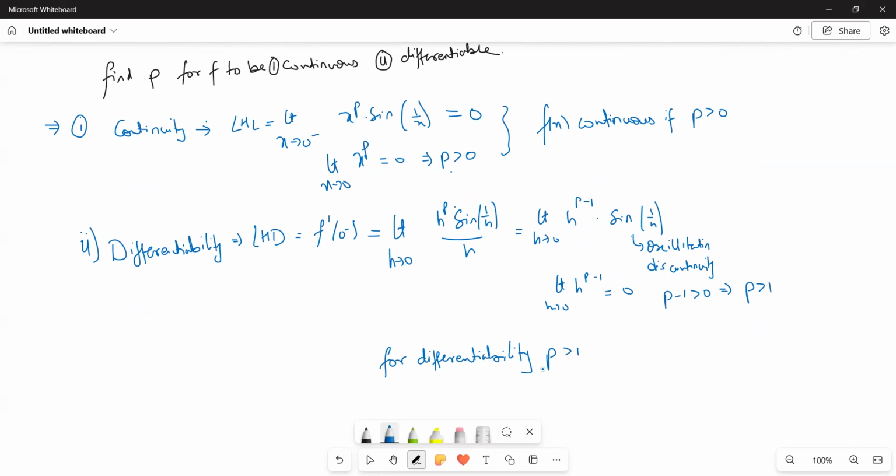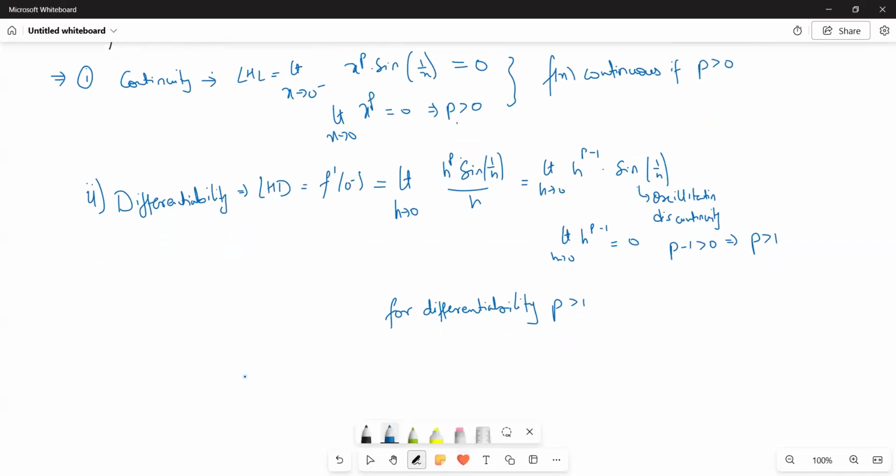So for continuity p has to be greater than 0. For differentiability p has to be greater than 1. So if p lies between 0 and 1, what result will come? Continuous but not differentiable. Clear?